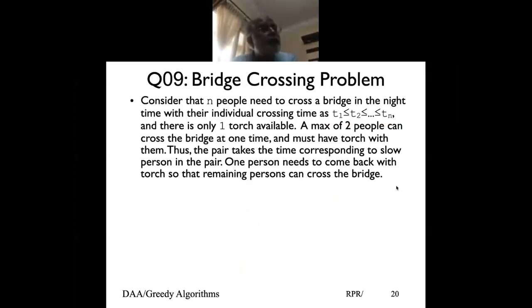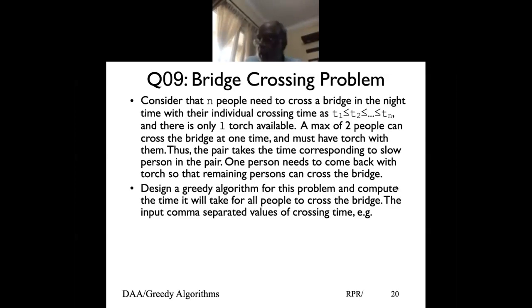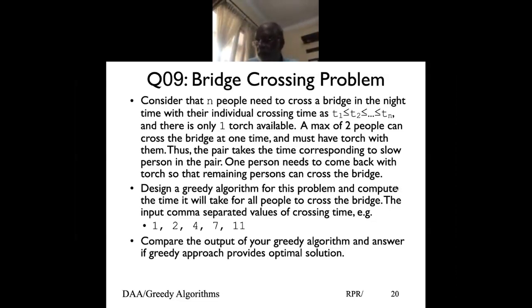So what's the greedy approach? You can say, let's look at the people who take minimum time, or you can take the people who take maximum time. Whatever approach you take, apply that approach, and then see what answer you get. Now using the same approach, apply this to the given solution 1, 2, 5, and 10.